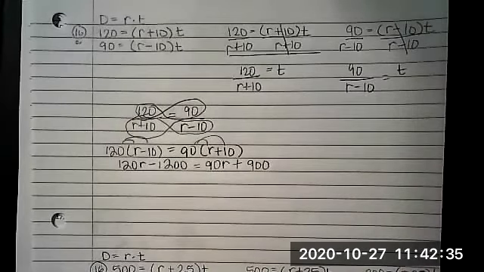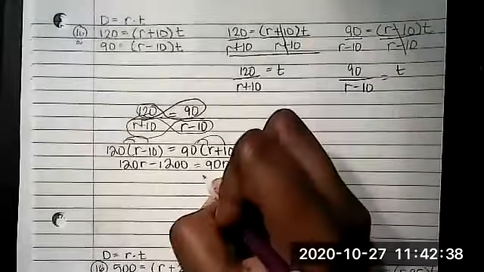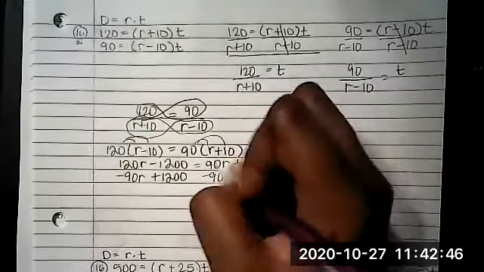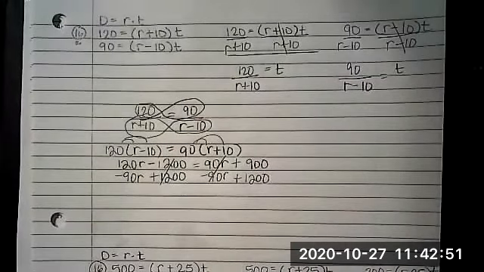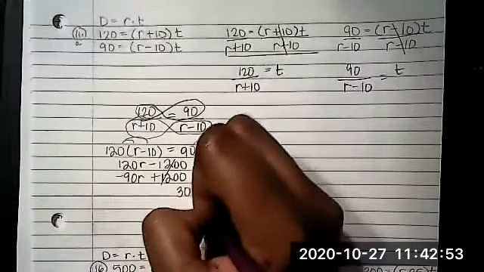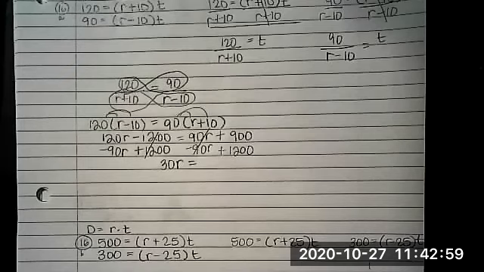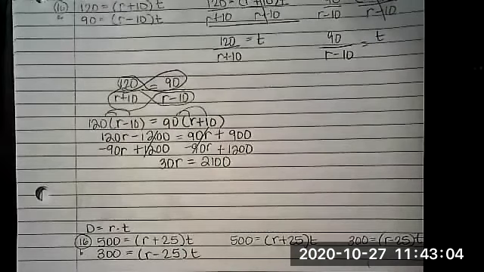Then I would subtract 90R from both sides and add 1,200. It cancels out here, cancels out here. 120 minus 90, I want to say it's 30. 30R equals, and then I have 900 plus 1,200, and that's 2,100. Okay, I want to make sure.